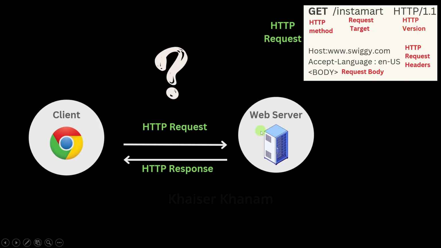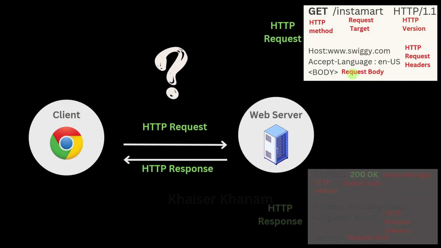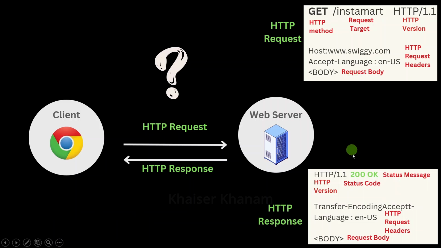In return, when we get the HTTP response, it is going to look like this, in which we will have the HTTP version, the status code, and the status message along with headers and the body. This complete format we have already understood, but behind the scenes, using HTTP request and HTTP response, the client and server can easily communicate.